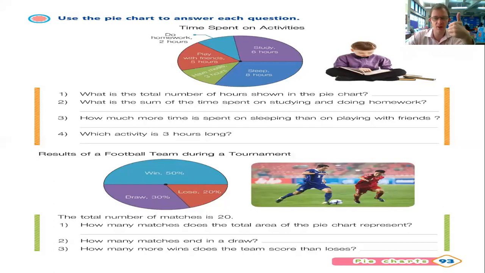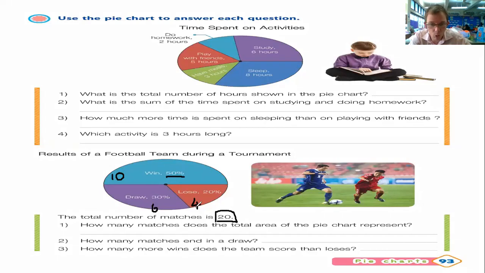First, to find the winning amount of games. So if we have 50%, we know it's half of the total number of games. So there are 10 games that they have won. 20% of 20. Who knows what that answer is? 4. And 6 adds all to 20.